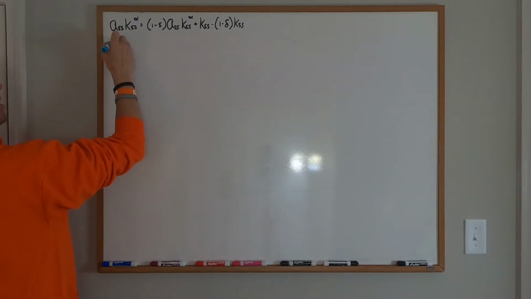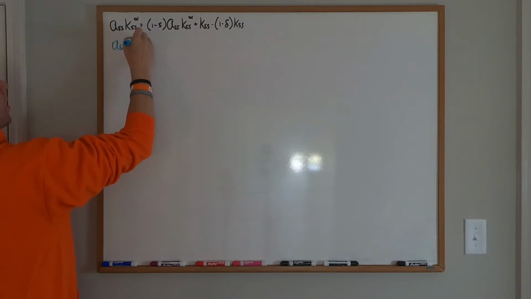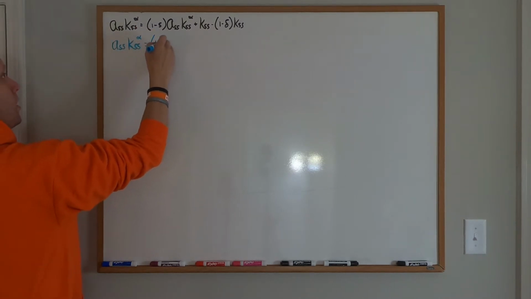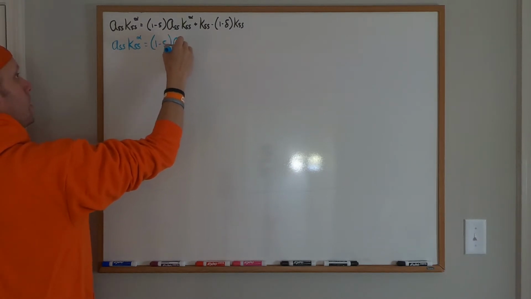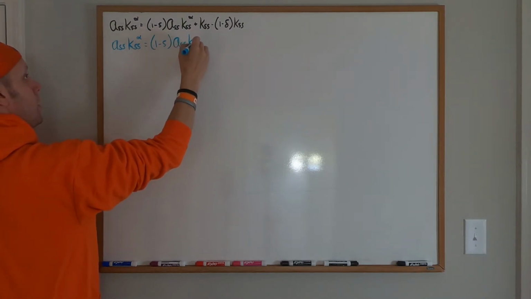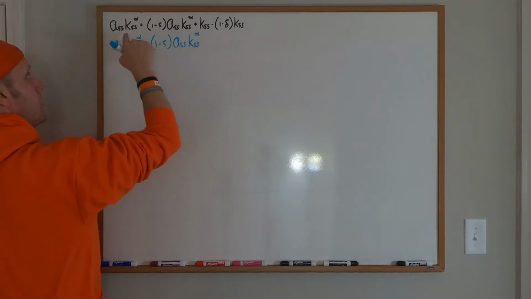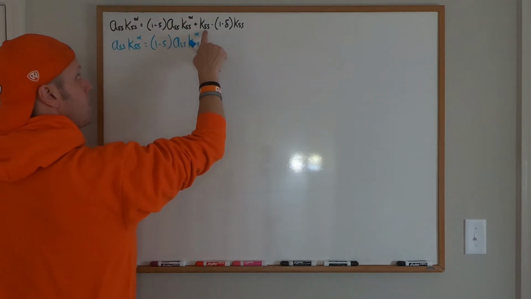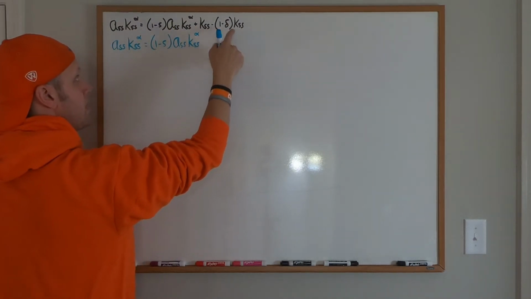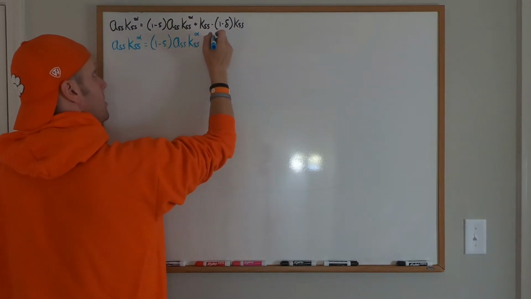Well, the first thing I'm going to do is keep this part and this part the same, but I'm going to look at this KSS minus 1 minus delta times KSS.